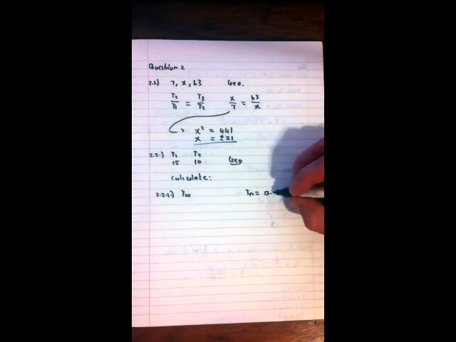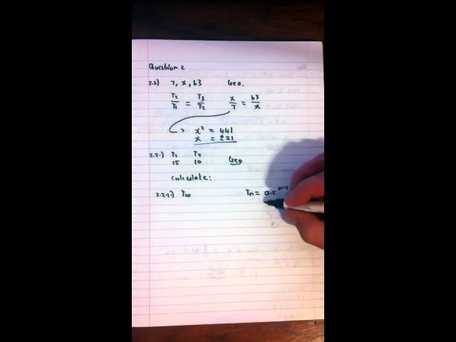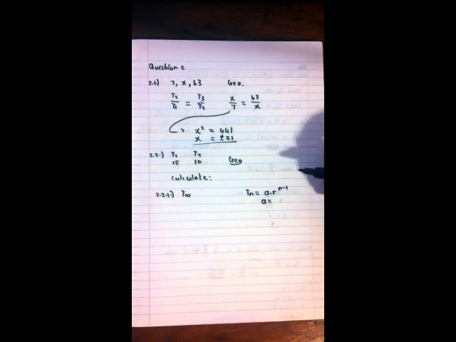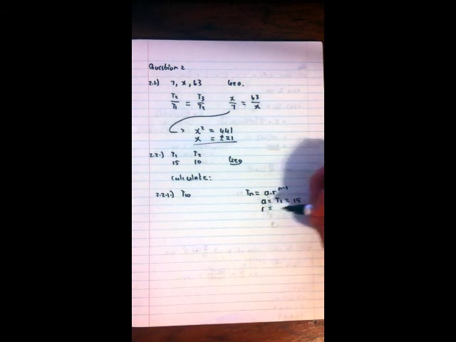It's equal to a times r to the power n minus 1, where a is our first term, which equals 15, and r is our common ratio, which is term 2 divided by term 1, and that is 10 divided by 15, which simplifies to 2 over 3.